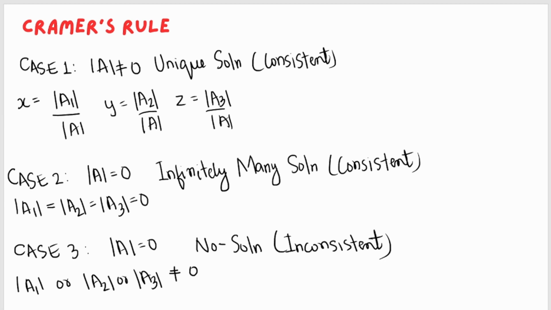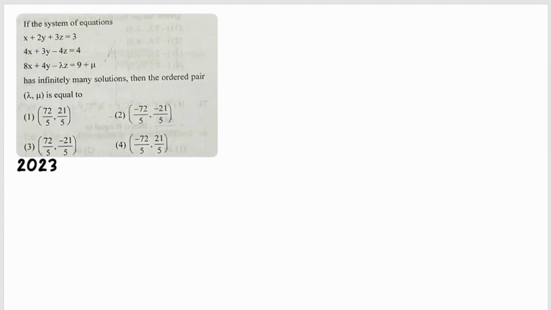Now we will do some problems, previous year questions. We have the first question. They have given a system of equations and it has infinitely many solutions. Now they have asked to find the ordered pair lambda and mu. For infinitely many solutions, you know determinant A should be equal to 0 and determinant A1, A2, A3, all the determinants should be equal to 0.